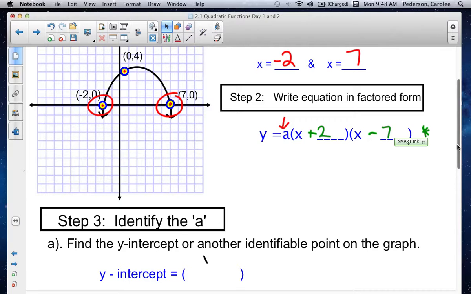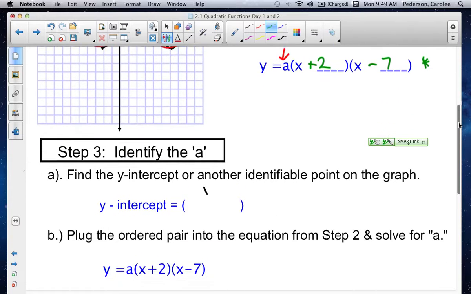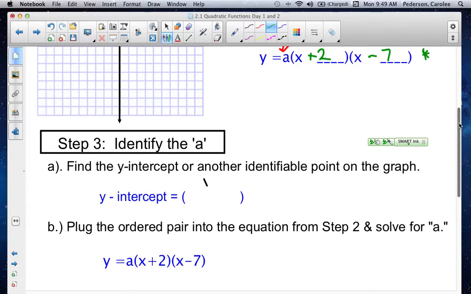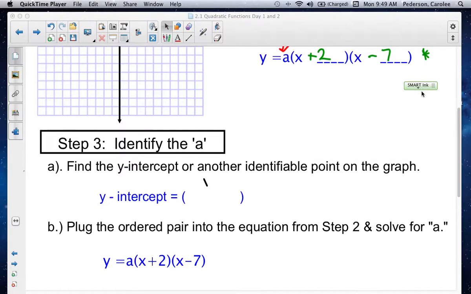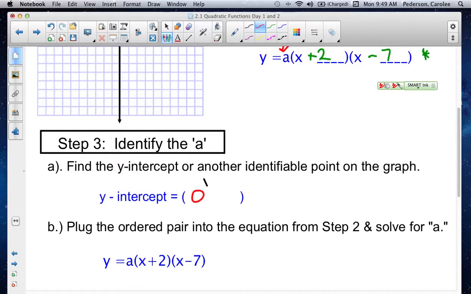So we're going to look at this point right here next, (0, 4), to help find our A. So that y-intercept or other identifiable point on the graph is what you're going to identify. So it's over 0, up 4.